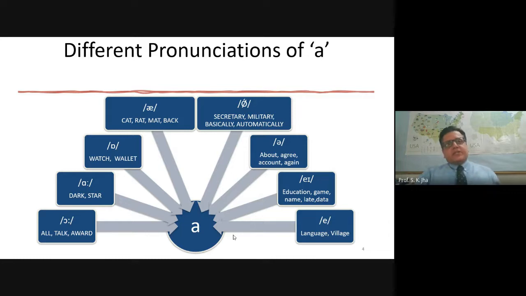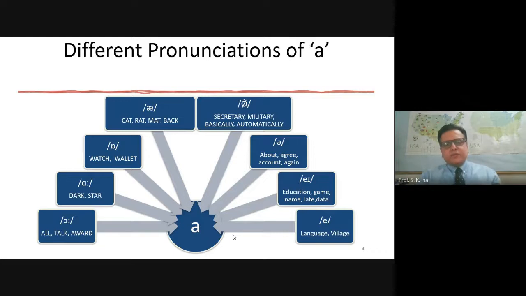Now, the reason I'm showing you this slide, which is visible to you, is why we learn English pronunciation. The reason is one letter, like you have one letter here, A. But you see here, this letter is pronounced differently.